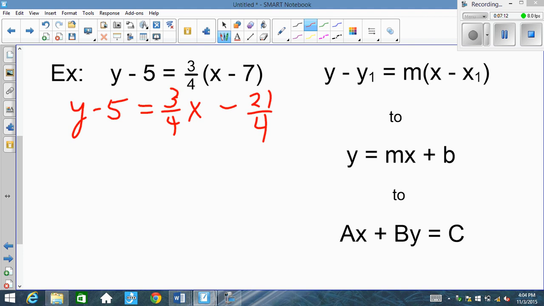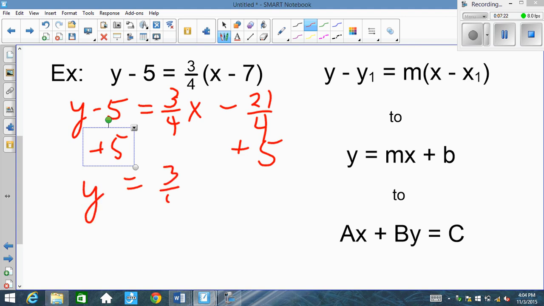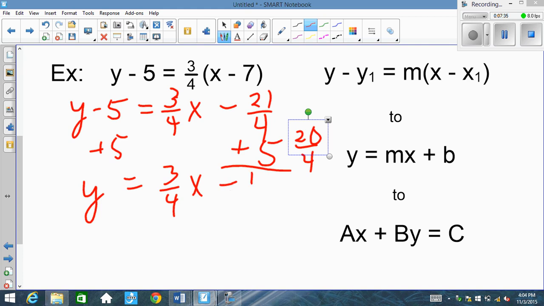Then we would add 5 to both sides to get it by itself. So y would equal 3/4 x plus 5. So I'm going to change that to fourths here. So that's 20/4. So negative 21/4 and 20/4 would be a negative 1/4 after we added both of those.